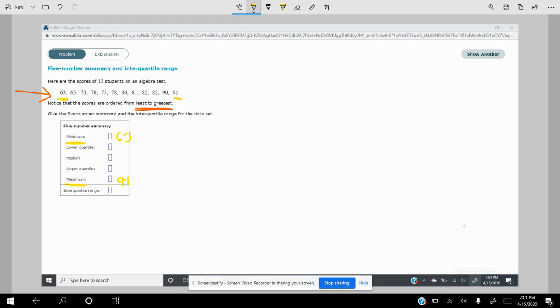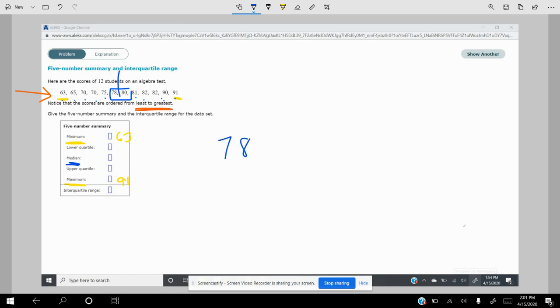Okay. Next, I'm going to find the median. The median is the center of data. So what I do is I figure out which one is in the center by taking each one on the sides and eliminating them until I get right to the center. And you can see that there's actually 2 in the center. So by finding the middle number, I have to find what's in between these two.